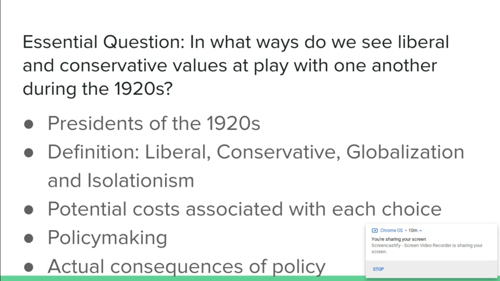So let's talk about what that means. Globalization means having the United States or having any country see themselves as a player on the world stage. Right. When we think of imperialism, we're inherently thinking about globalization, right? As the United States choosing to engage with other countries, wars are globalization by definition.